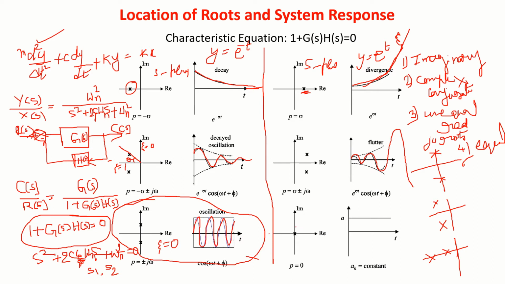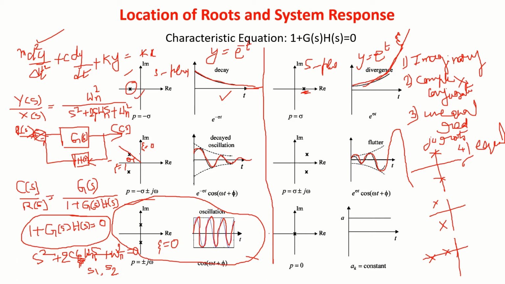Suppose you have a root at the origin, then you have a constant output like this. So looking at these graphs, what is important over here? Where the roots are located, what is the response of the system? This we have to observe.